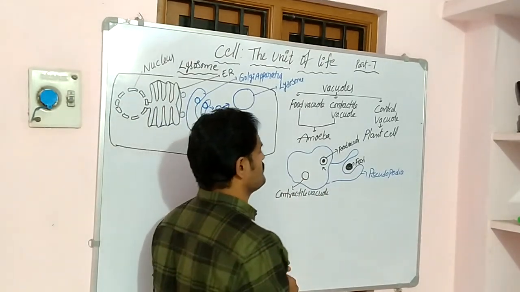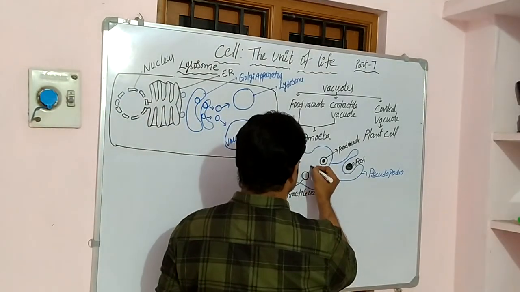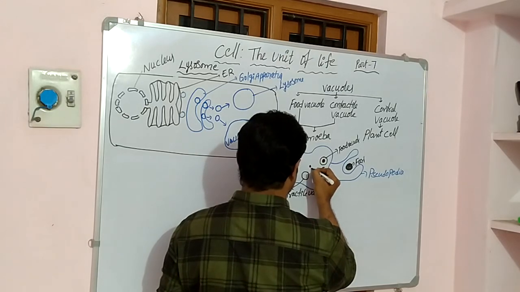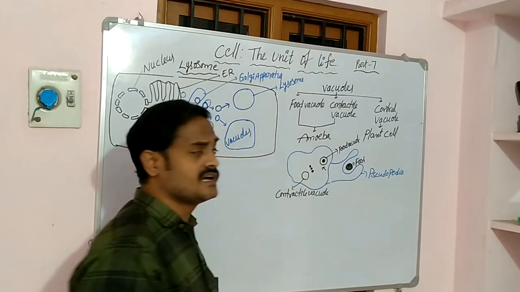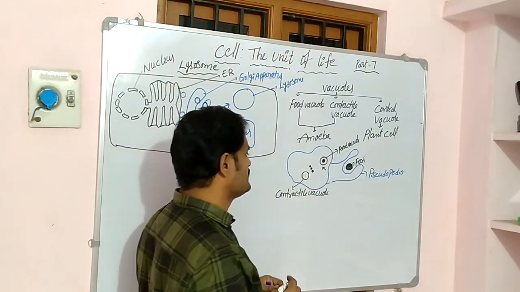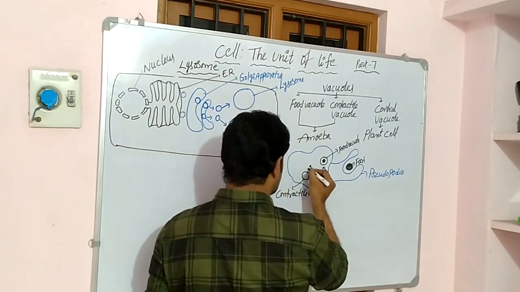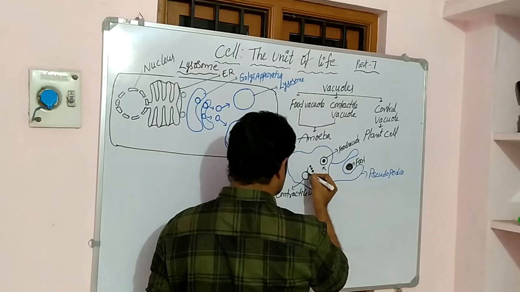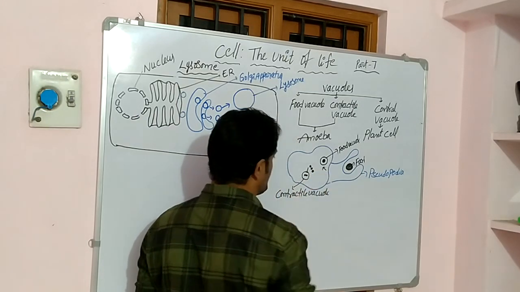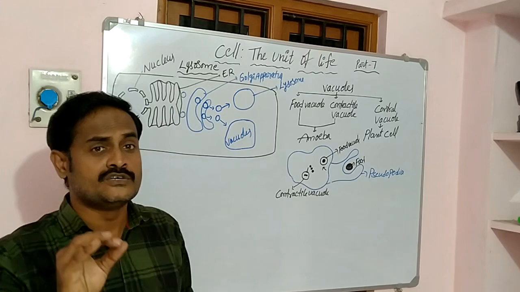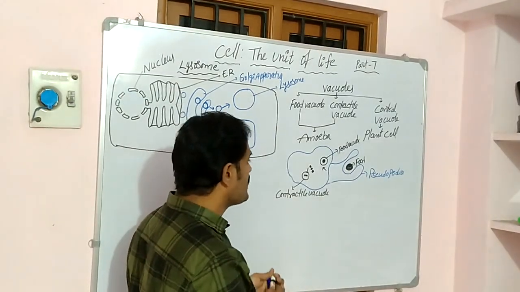Then the food is digested in the food vacuole. After digestion, some of the substances are released into the cytoplasm of the cell, and from the cytoplasm into the contractile vacuole. This is called the contractile vacuole. During this time, what will happen?